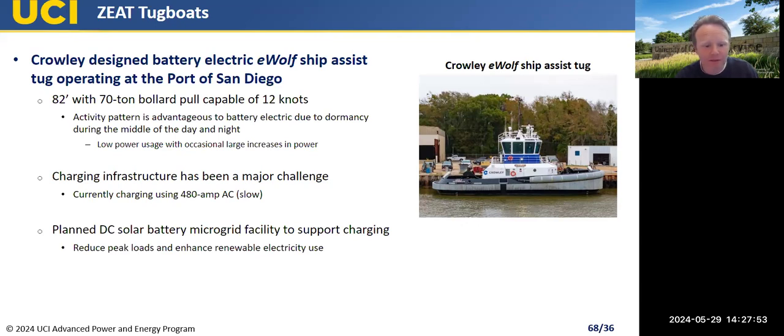That being said, the charging infrastructure has been a problem or a challenge. They're working to establish a DC solar battery microgrid facility to support the fast charging. Again, the battery systems are really important when you're doing that fast charging, so you can reduce peak loads, and that's what they're doing. But that has been a significant challenge for them. And as far as I know, it's not up and running quite yet.